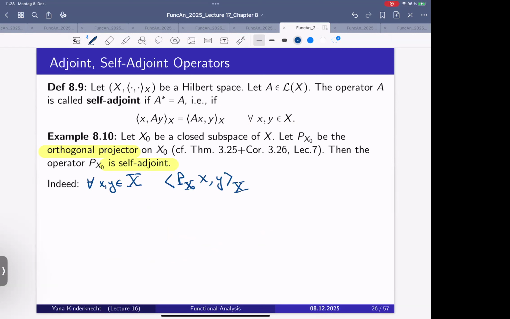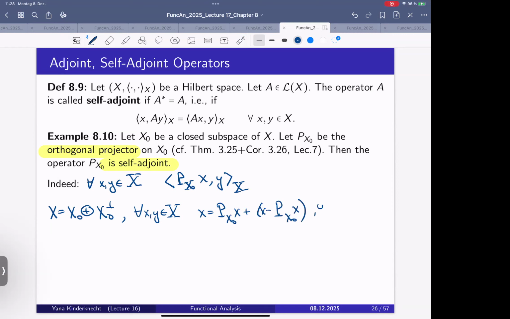I recall that X is a direct sum of X0 and its orthogonal complement. And this means that for any vectors x and y in X, we may represent them as follows. x is equal to the orthogonal projection onto X0 plus x minus the orthogonal projection onto X0.